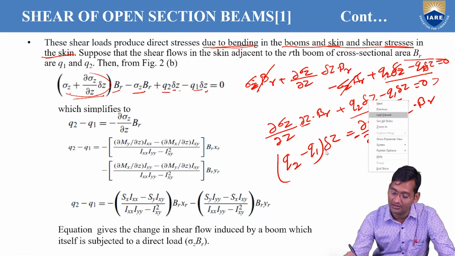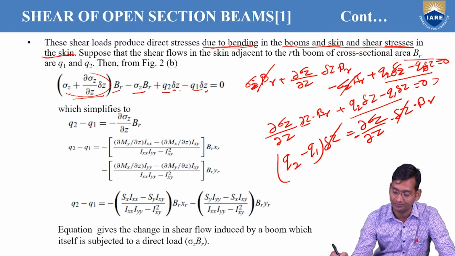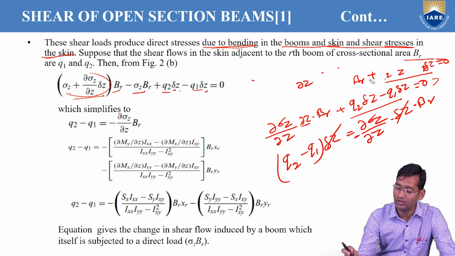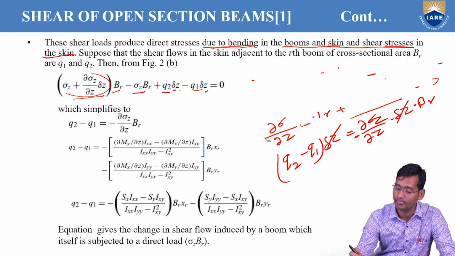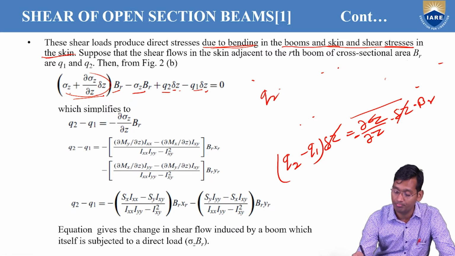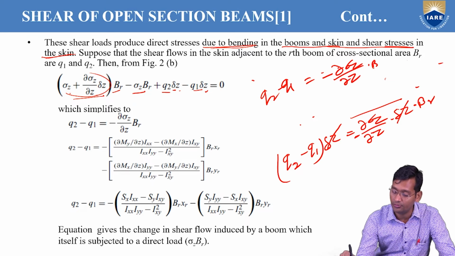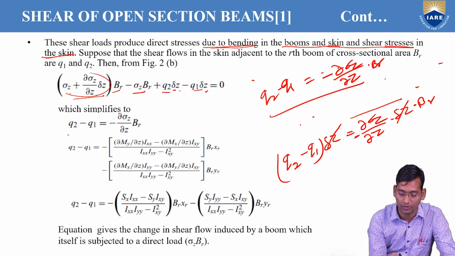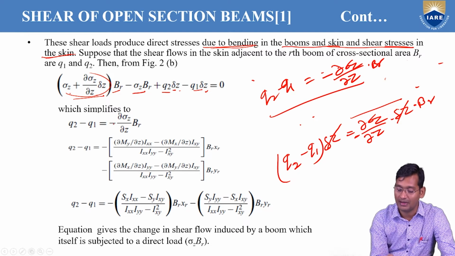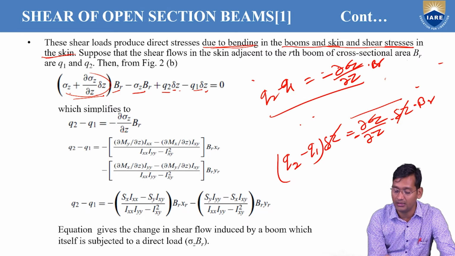Now this del z cancels, then what we get is Q2 minus Q1 equals minus del sigma z by del z into B_r.